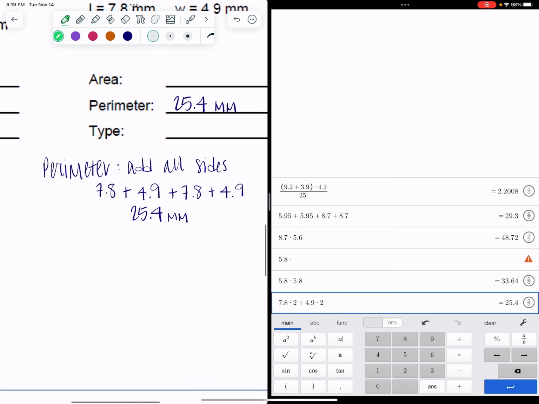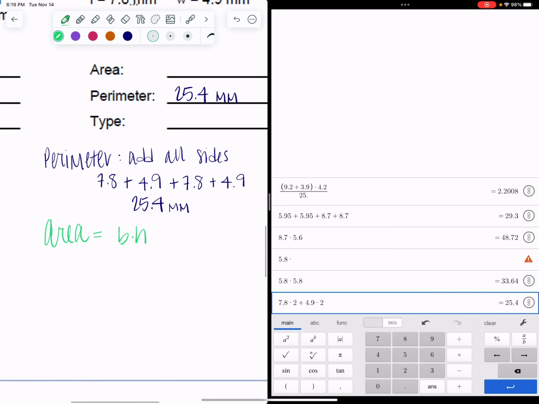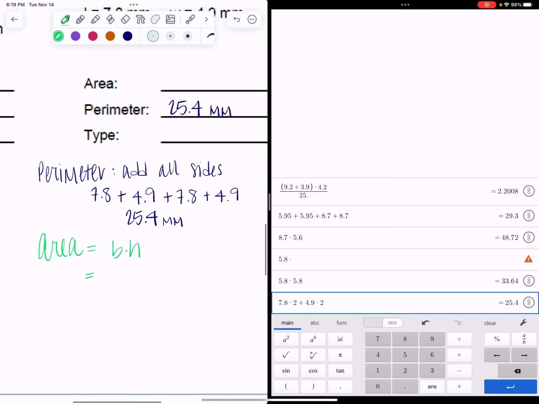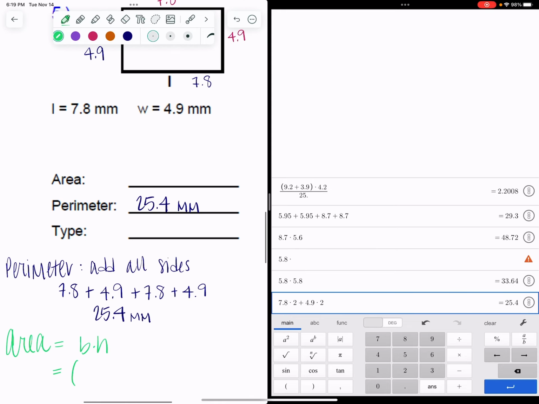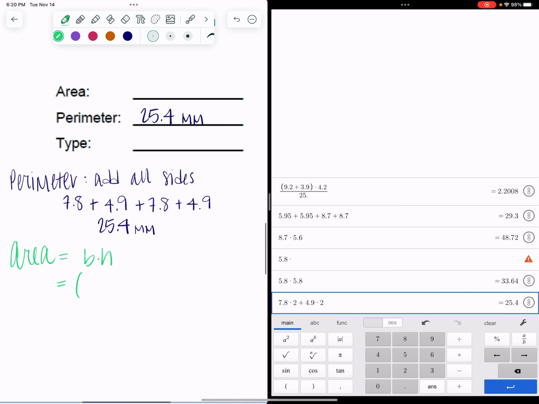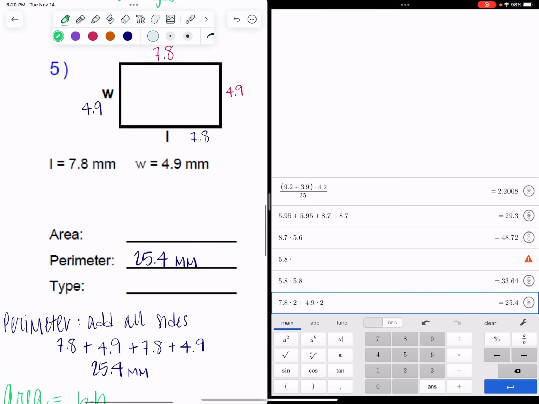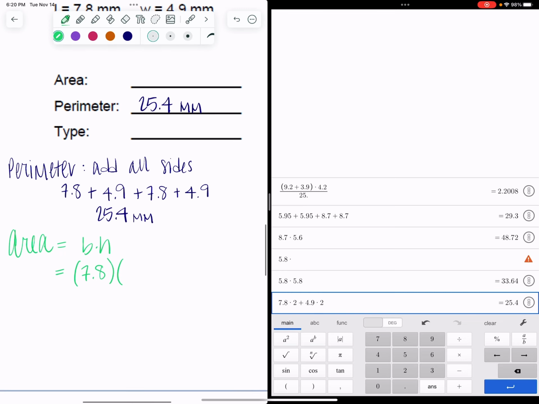Area is base times height. If you like to say length times width, more power to you. As long as you get the numbers in the right place, I don't care. The base, 7.8. The height is 4.9.